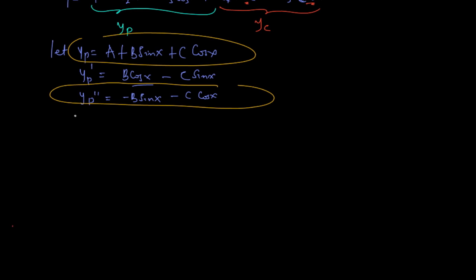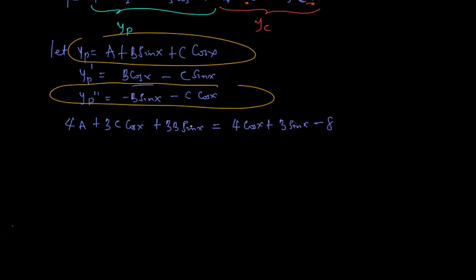And when we do that, what we would have is 4a plus 3c cosine of x plus 3b sine of x equals 4 cosine of x plus 3 sine of x minus 8.